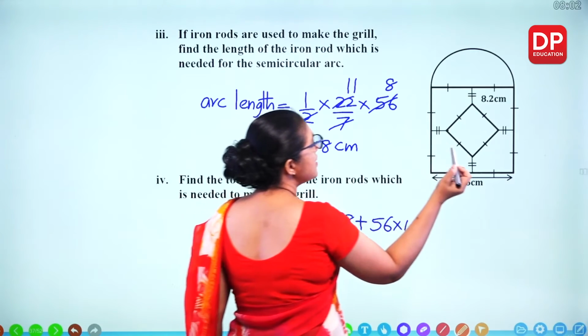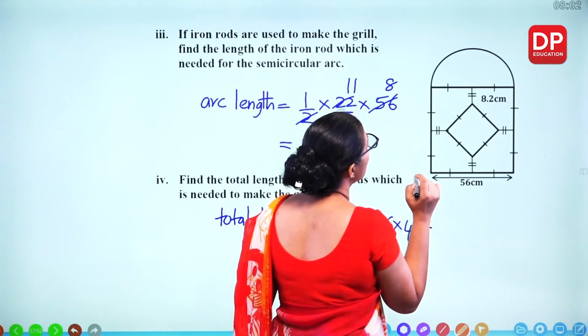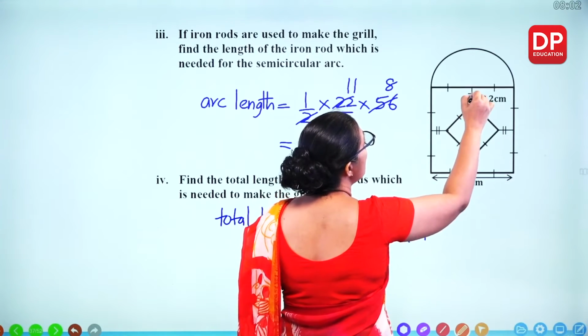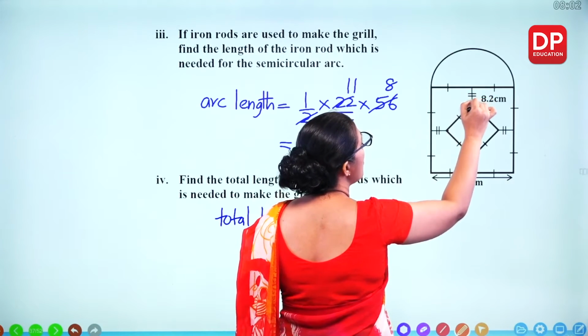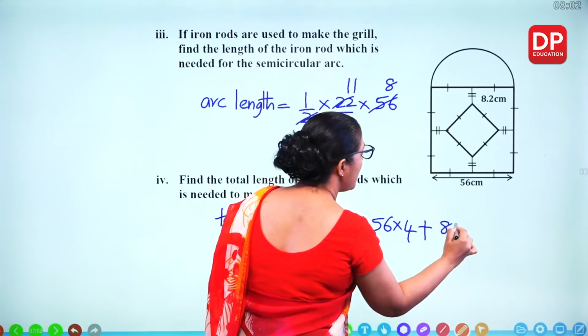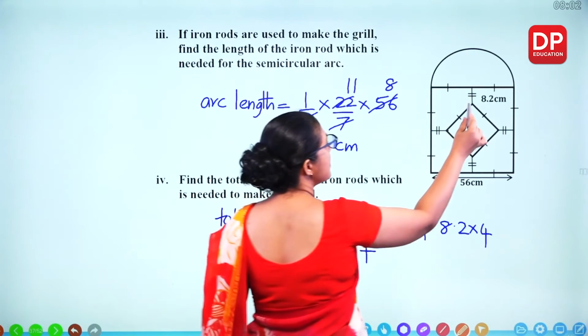And then you get these lengths, 8.2. 8.2 into 4. And also you get this length 4 times.